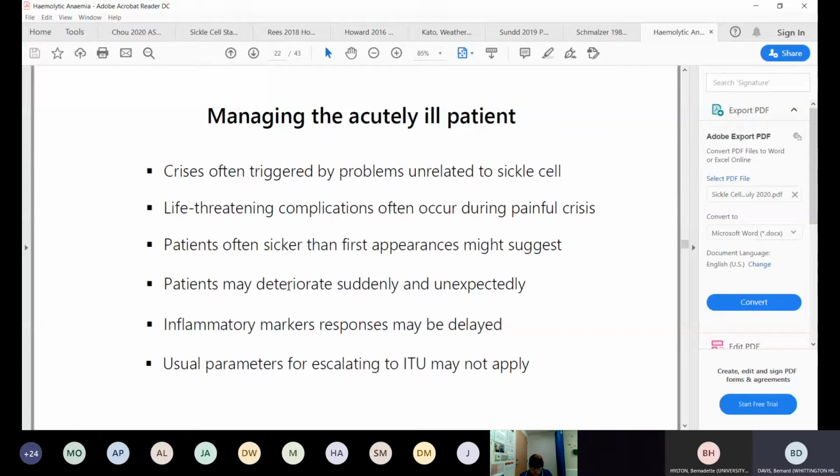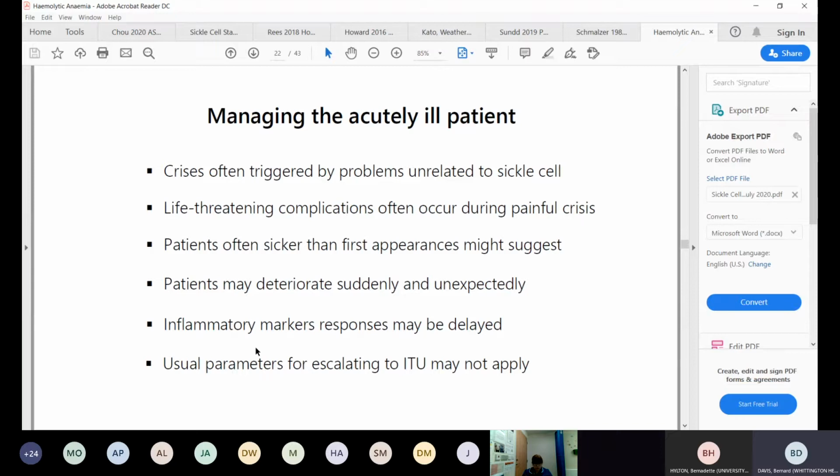In all the years I've looked after these patients, I'm still amazed by how quickly they can go off. Very, very quickly. They can go from being quite well one minute to being intubated on ITU by the end of the day. Remember that the usual ways in which we determine inflammatory markers or inflammatory responses may be delayed.